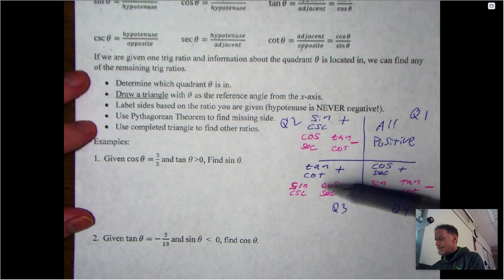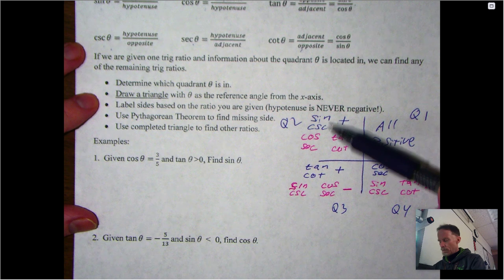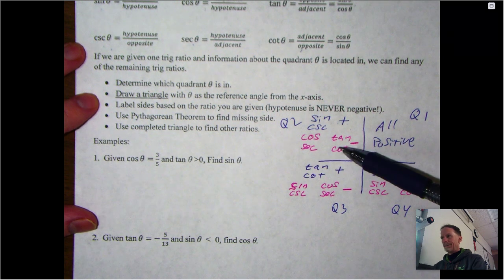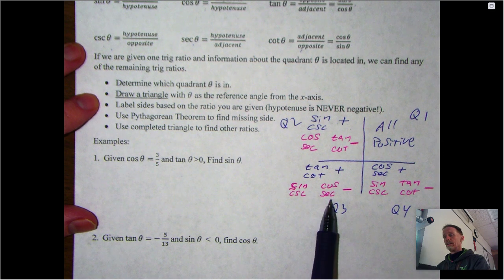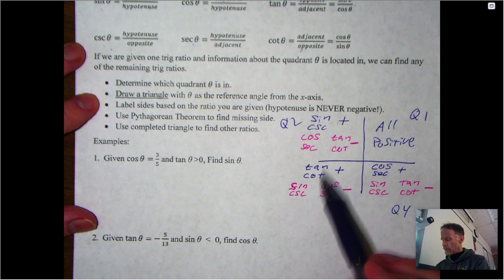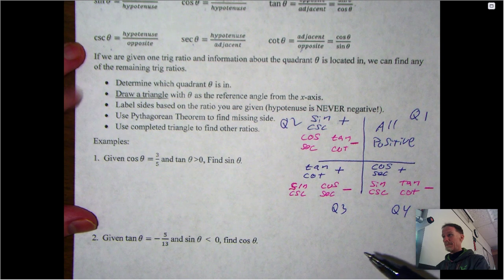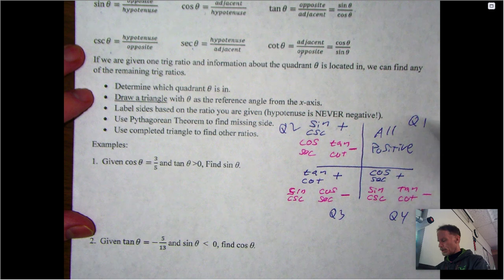Sine on the unit circle is the y value, so sine and cosecant are positive in quadrant 2, and everything else is negative. In quadrant 3, x and y are both negative, so cosine, sine, cosecant, and secant are negative. But tangent and cotangent are positive, because negative divided by negative gives a positive. In quadrant 1, they're all positive. In quadrant 4, the x's are positive, so cosine and secant are positive, and everything else is negative.